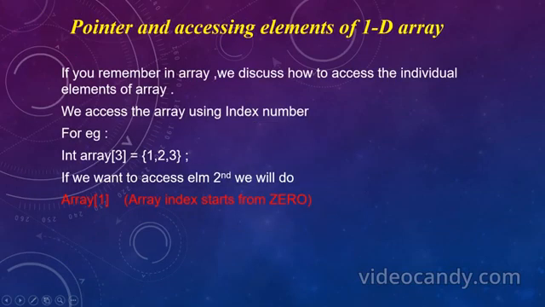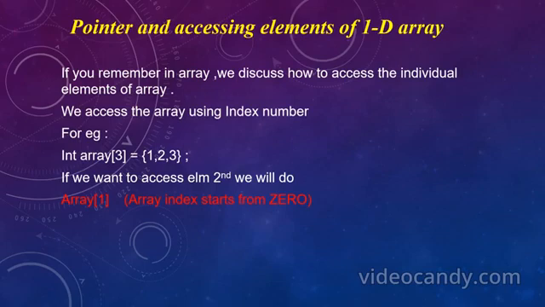Okay. The next topic is pointers and accessing elements of a 1D array. If you remember, in the array topic we discussed that array elements are always accessed using the index number. So if I have int array[3] = {1, 2, 3}, and I want to access the second element, I will write array[1], right?